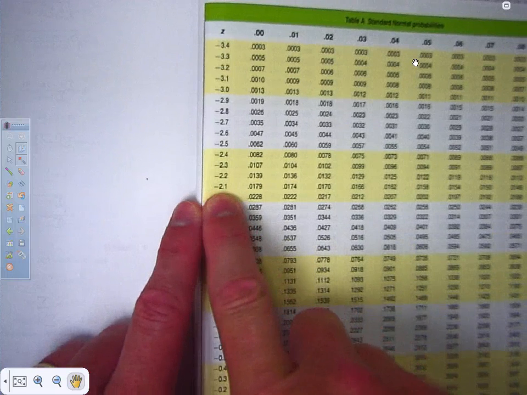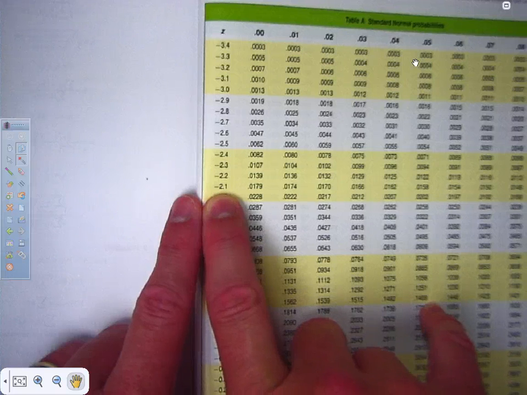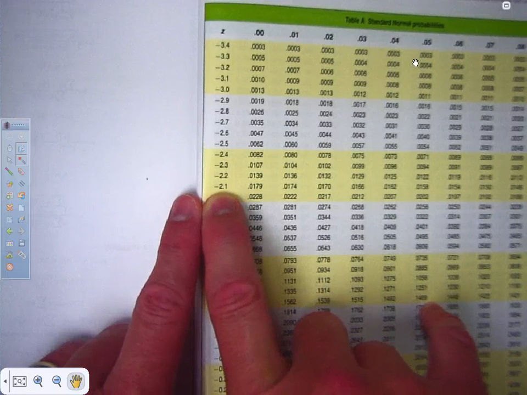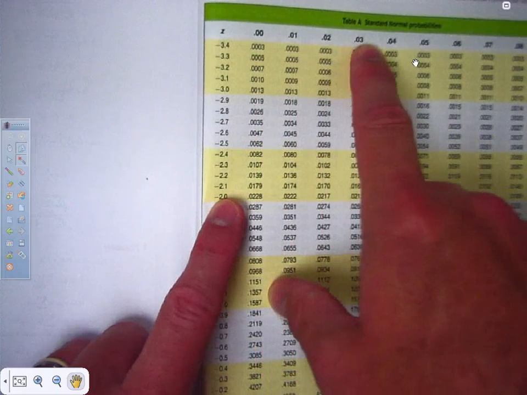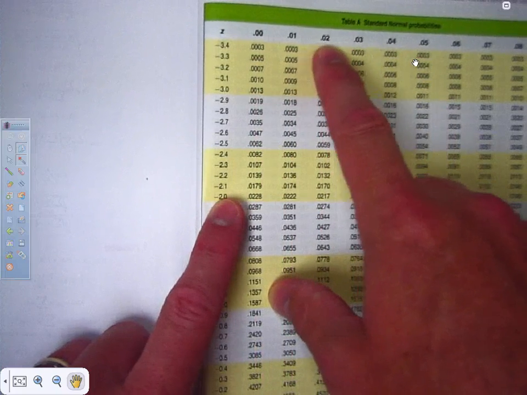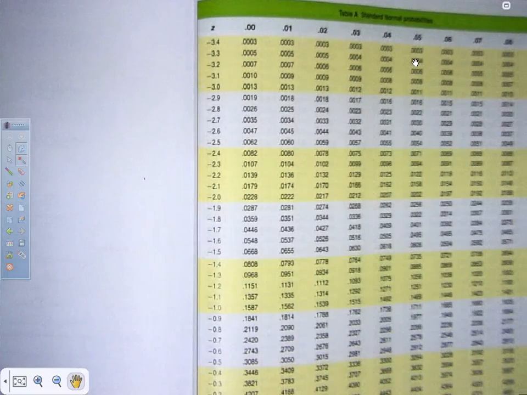So we're going to at least report our z-scores as some decimals. And you can see here that it shows the ones digit, the tenths digit. And then if you look across the top, it carries out the decimals to the hundredths position.